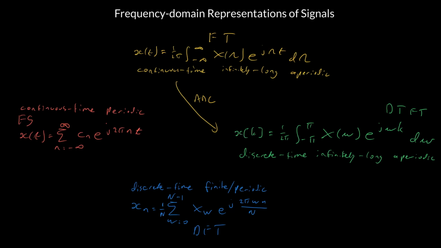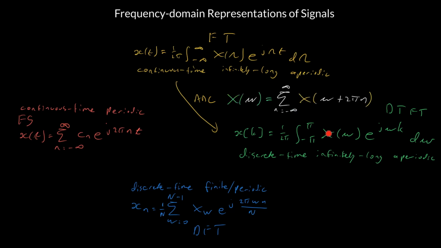So we're asking, if we take a signal x of t with a frequency domain representation given by X of big omega, and we sample it, what is the frequency domain representation of x of k? That is, what is capital X of small omega equal to?